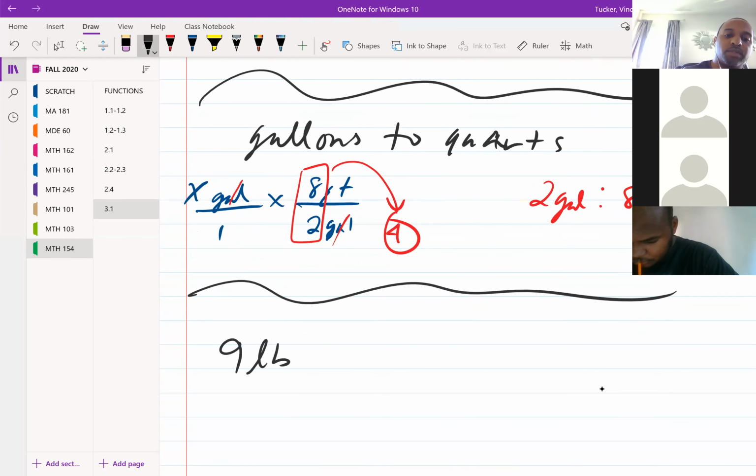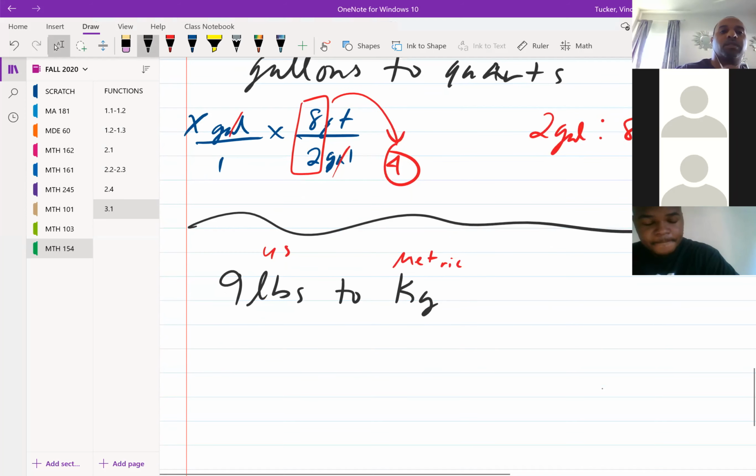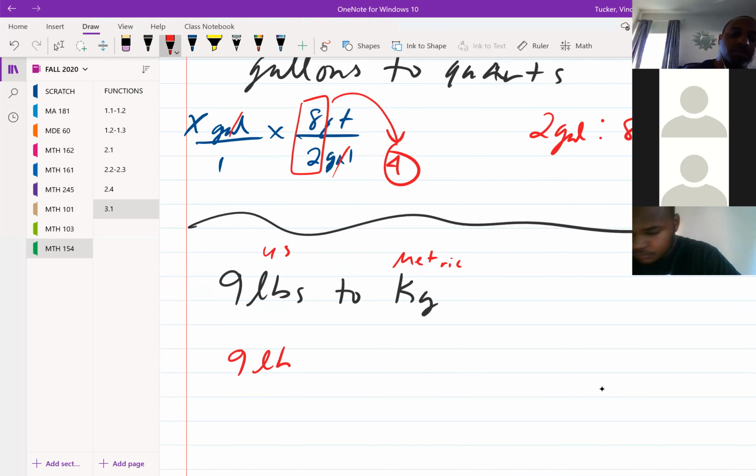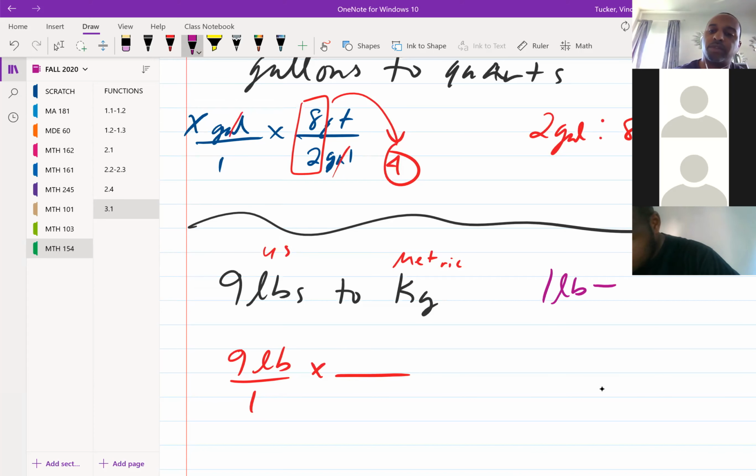So looking at 9 pounds to kilograms. And so this is a US measurement to a metric. And we need to talk about metric in a second. So we do 1 pound to 0.4536 kilograms.